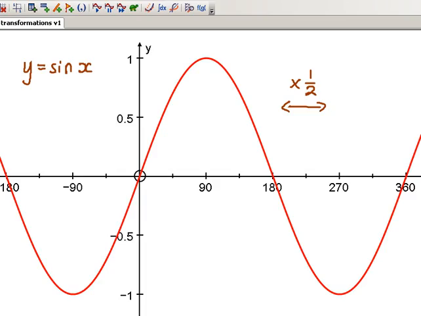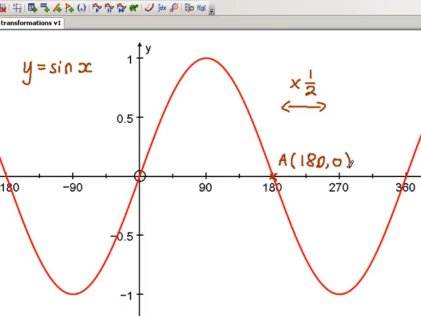So the graph of y is equal to sine x, when stretched by a scale factor of a half in the x direction, will result in all of the x-coordinates on the original graph being multiplied by a half. So for instance, this point here, let's call this point A, it has an x-coordinate of 180, and the y-coordinate is 0.